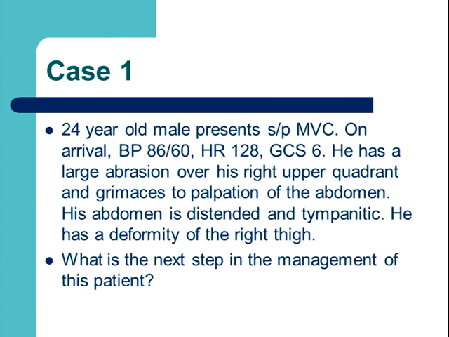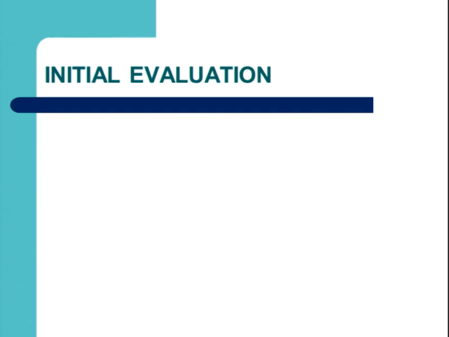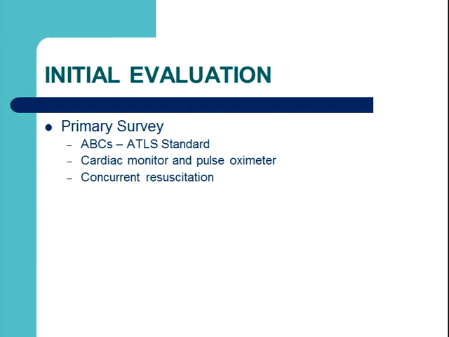Somebody yell it out. Airway, right. So the thing they will get you on is that you have this patient who has all these signs of abdominal trauma, and you've forgotten the ABCs. The next step in the management of this patient is the primary survey, right?